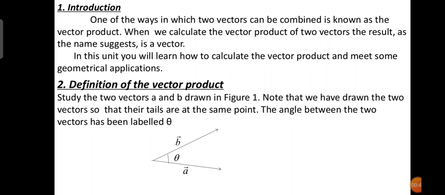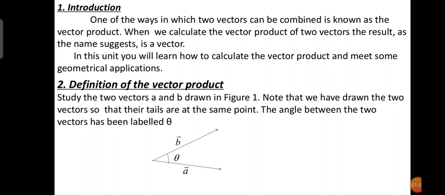We know about the scalar product, where we combine two scalars. Similarly, vector products combine two vectors. When we calculate the vector product of two vectors, the result is a vector.